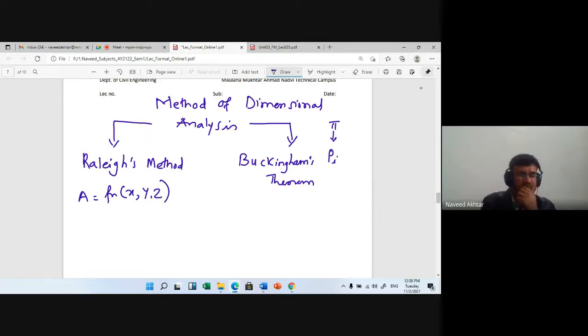Or you can write A equals k times x to the power a, y to the power b, z to the power c, where k is a constant of proportionality. The fundamental dimension of each of x, y, z and A are written, and the sum of exponents of each fundamental dimension on both sides of the equation are equated.